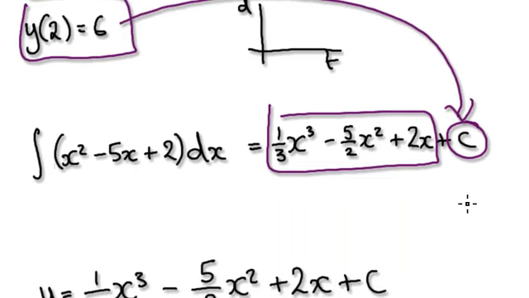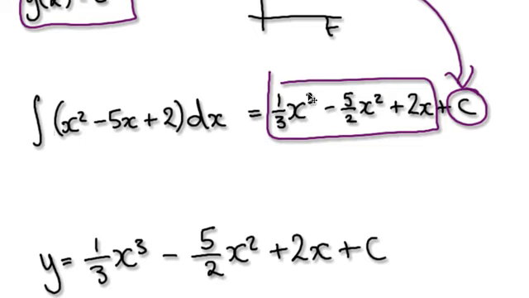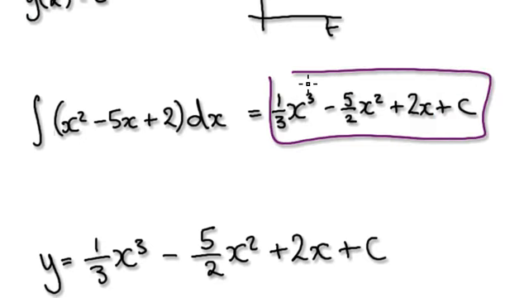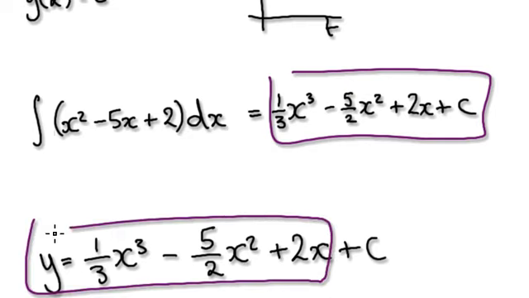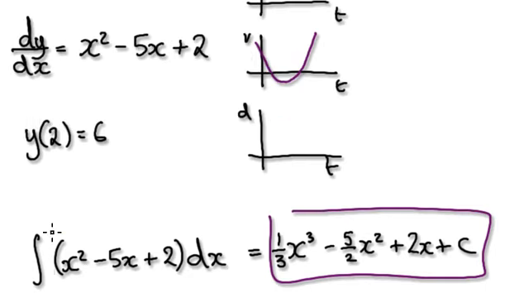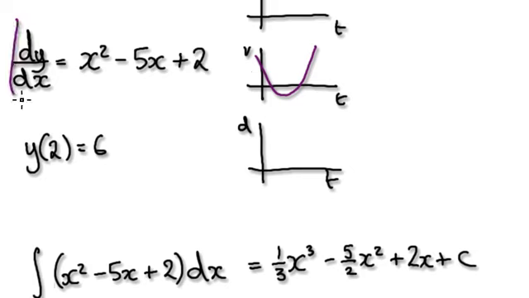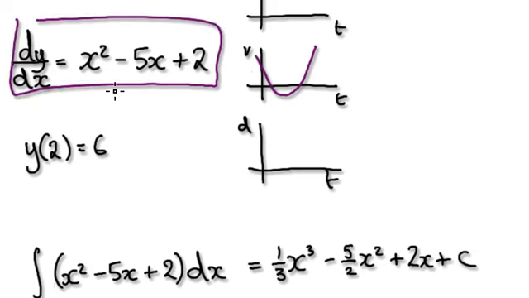So the indefinite integral is given by this here. We can think of it as being y equals this thing here, because don't forget we've been given this here. So when we find the indefinite integral, it's really us having y equals whatever here.